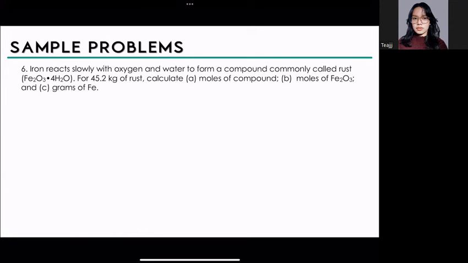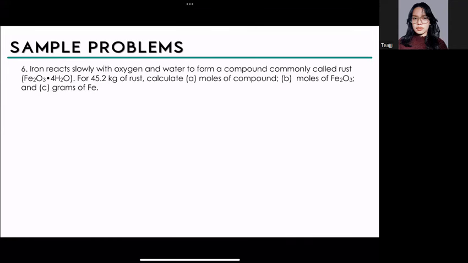and water to form a compound commonly called rust. Binigyan tayo ng chemical formula ng rust. That's iron oxide, iron 3 oxide, and then 4 hydrates. So for 45.2 kilograms of rust, calculate the moles of the compound.